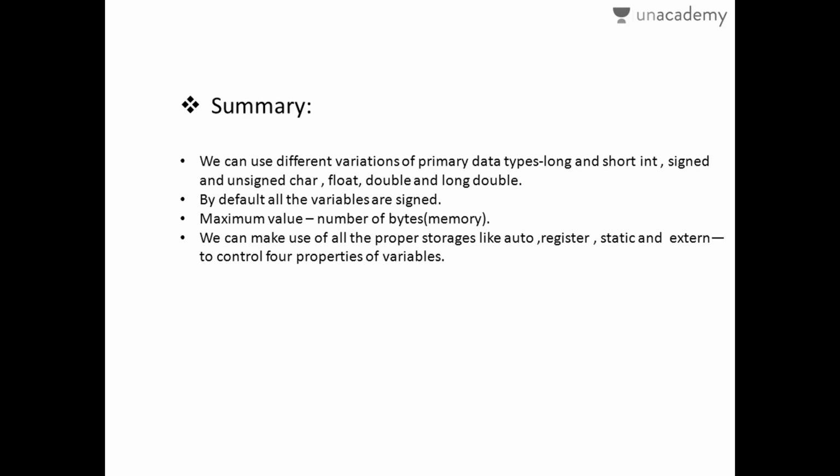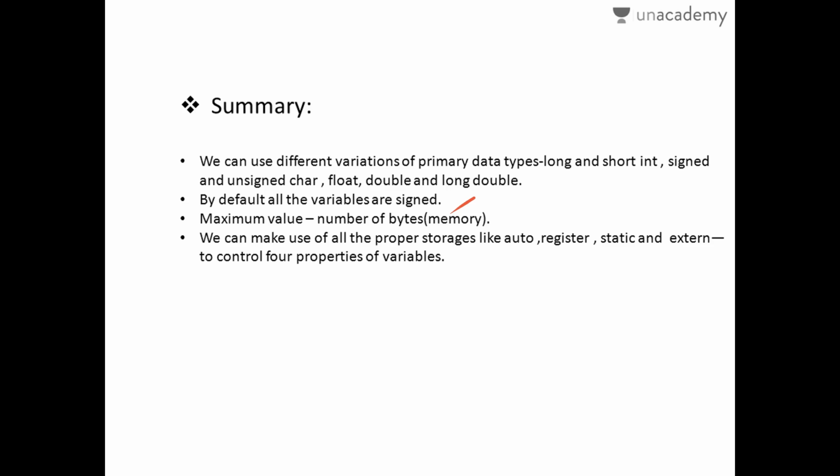Here comes the summary of what we have discussed till now. We have gone through different variations of primary data types like long, short, signed and unsigned characters, float, double, and long double, of which long double has the highest range. By default the value is signed. If you don't give any kind of sign in front of a value or variable, it is always considered positive by the system.